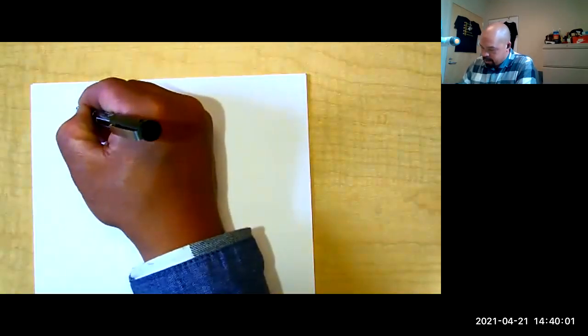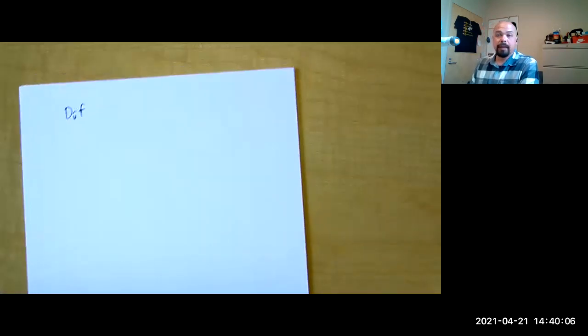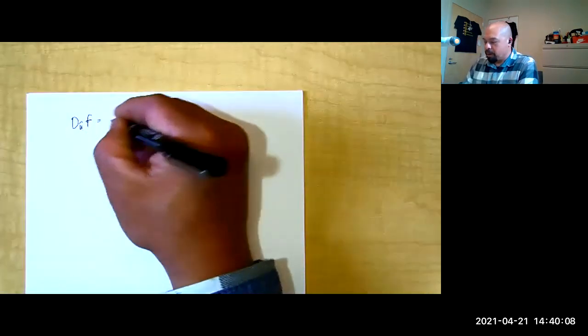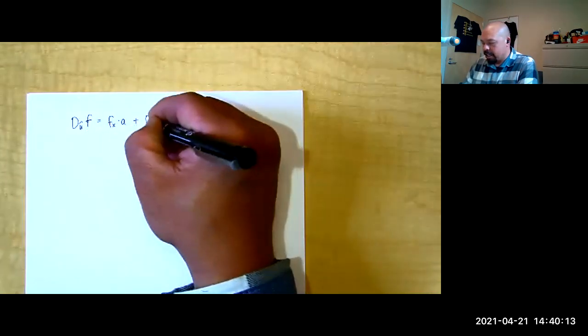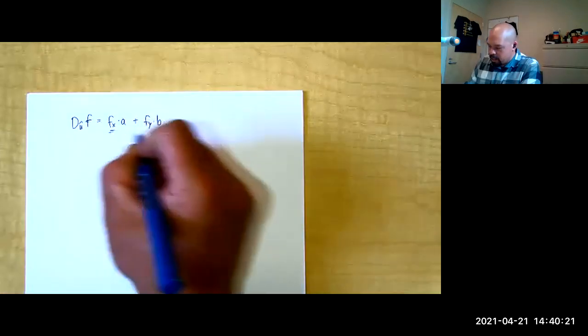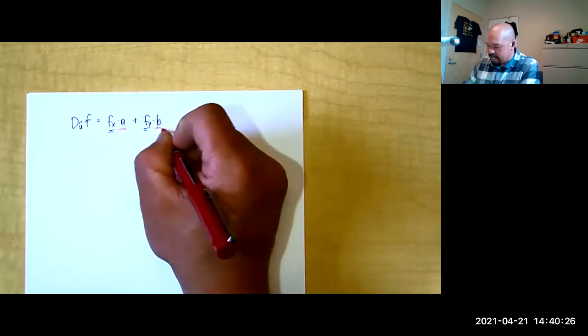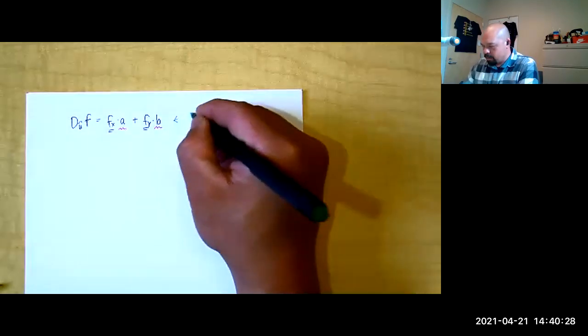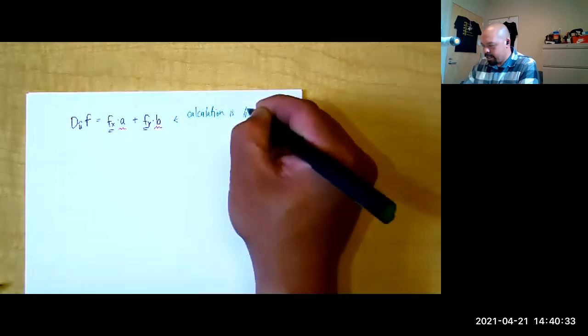So going back into that notation of f, right? If I leave off my point for a moment, f sub x times a plus f sub y times b. If we look at these components, kind of like we've done, the fact that we're multiplying and adding, that calculation is like a dot product.